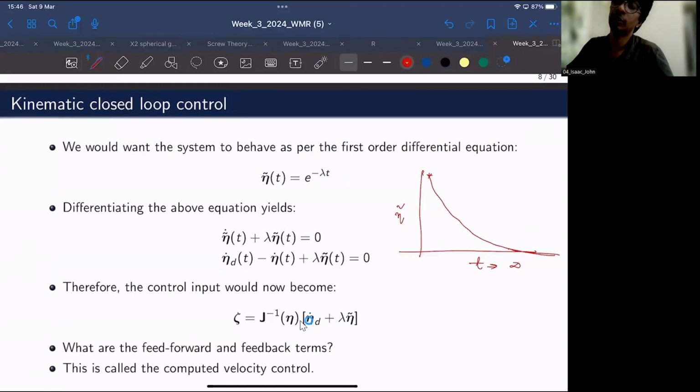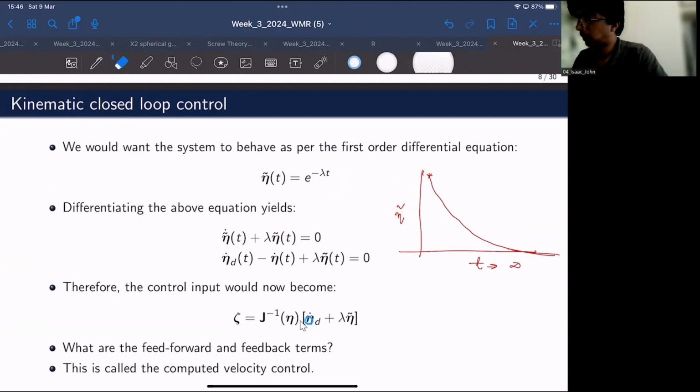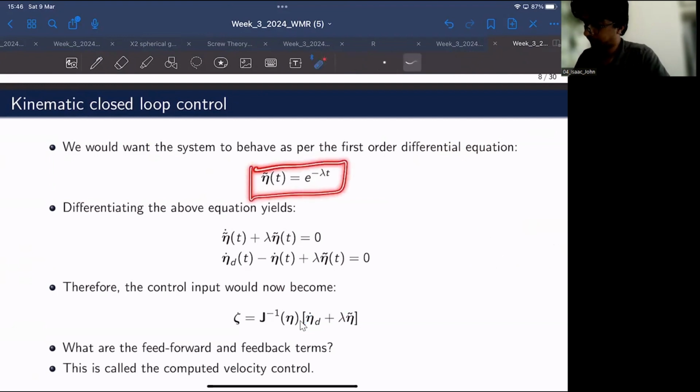As the time goes to infinity, we want all the errors to converge to zero. We don't want any errors in the system. So that will also guarantee the stability of the system as well as eliminating all the errors within the system. But how do we design a controller based on this requirement? That is the objective, right? So if you differentiate this equation, you will end up with this equation, right?